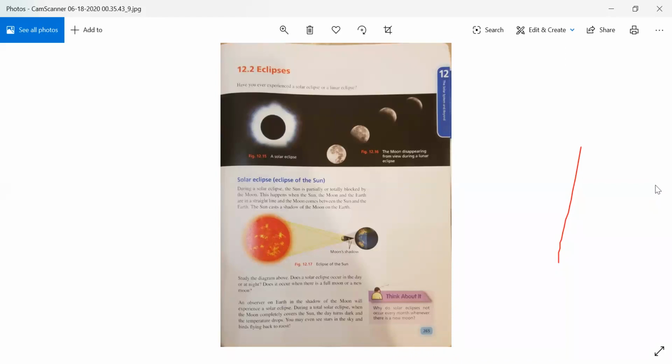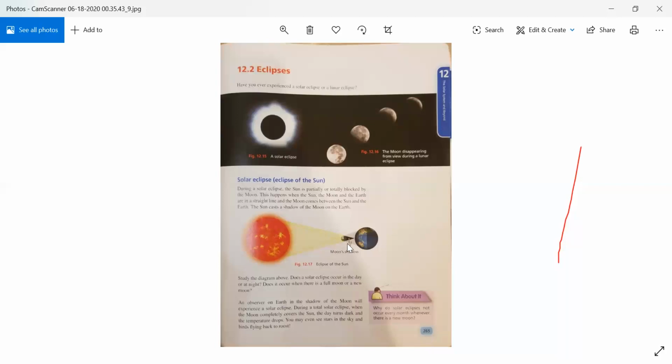Okay, first of all, students, there are two kinds of eclipse which we will study today: number one is the solar eclipse and the other one is the lunar eclipse. So what is a solar eclipse? First of all, beta, whenever the sun is totally blocked by the moon, it happens when the sun, moon, and earth are in a straight line and the moon comes between the sun and the earth.